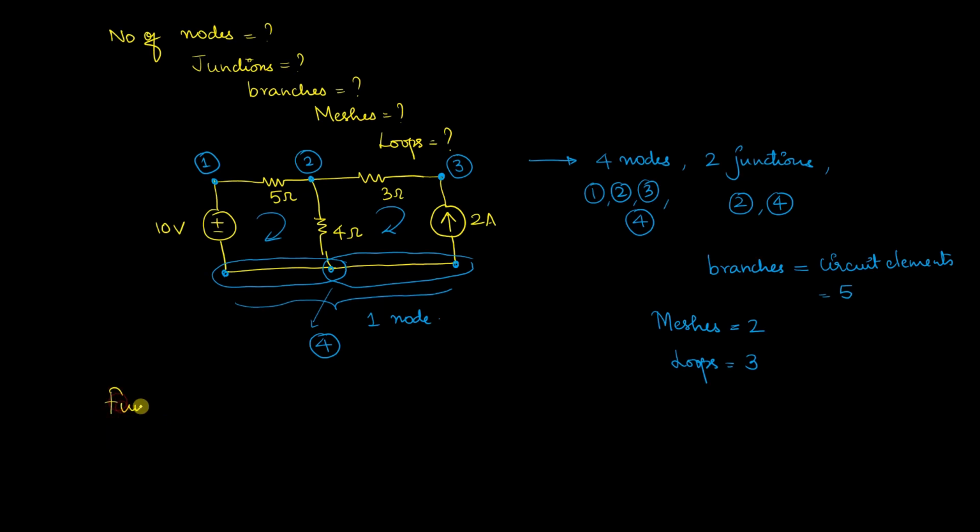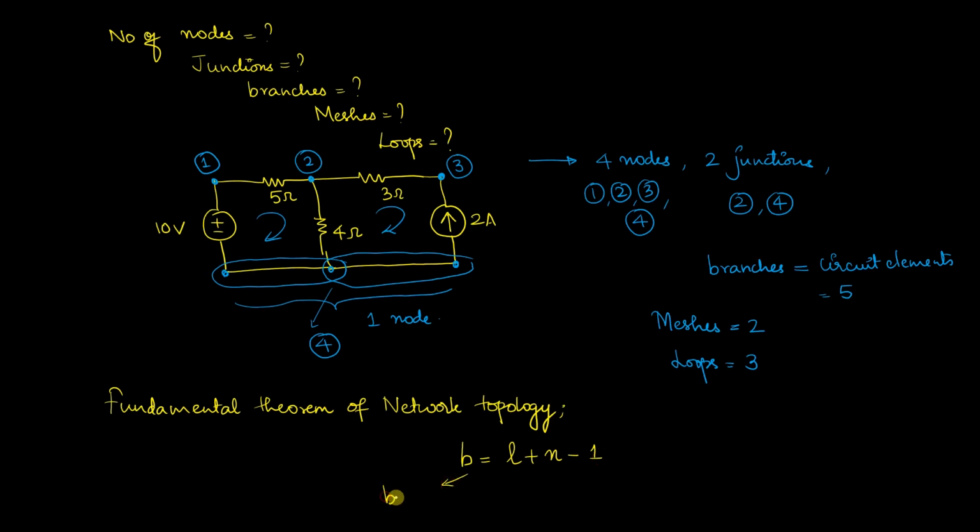So just let me write the fundamental theorem of network topology, which is B equal to L plus n minus 1, where B corresponds to the branches, L corresponds to the independent loops or the meshes, n corresponds to the number of nodes.